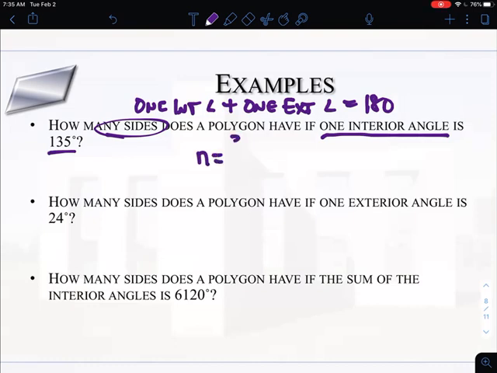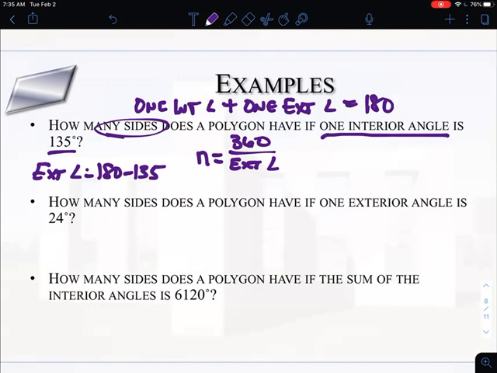So when I'm looking at this, I want how many sides the object has. Well, the only formula we had for the number of sides was n equals 360 divided by an exterior angle. Well, in this case, they didn't give me an exterior, they gave me an interior. So the first thing I would need to do is figure out the exterior angle. I'm going to take 180 minus 135.